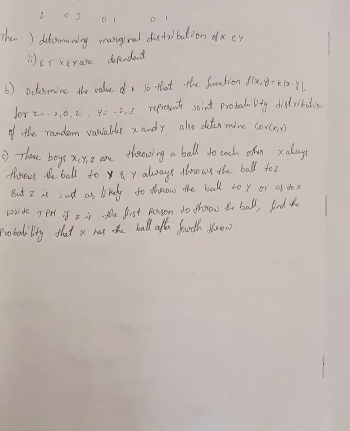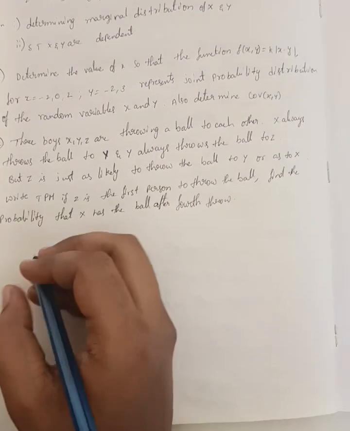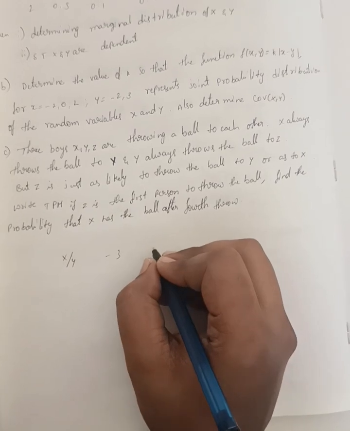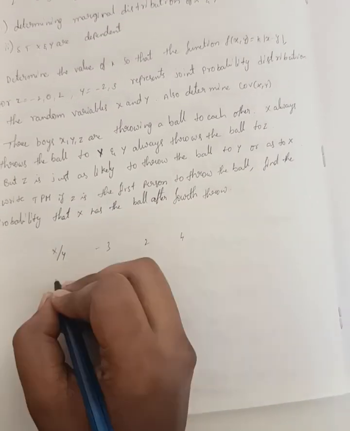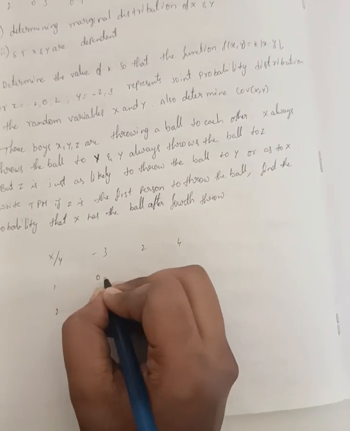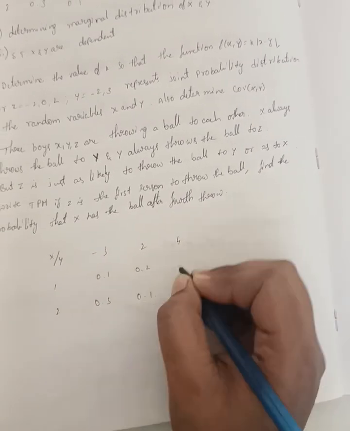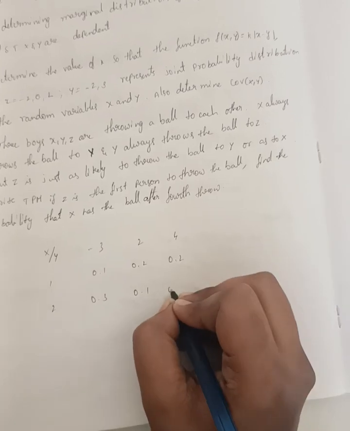Now the first one. Consider the table: X by Y, with Y equals minus 3, 2, 4; for X equals 1: 0.1, 0.2, 0.2; for X equals 2: 0.3, 0.1, 0.1.